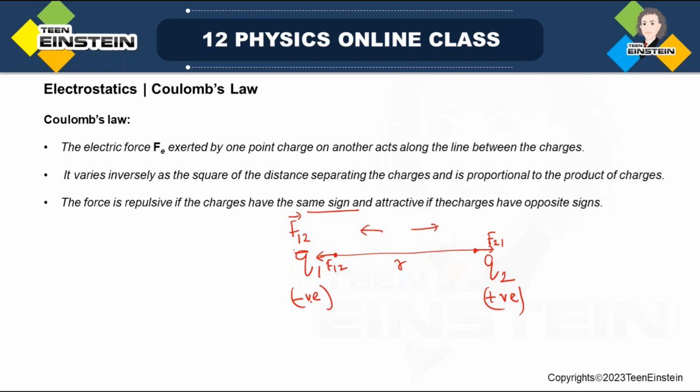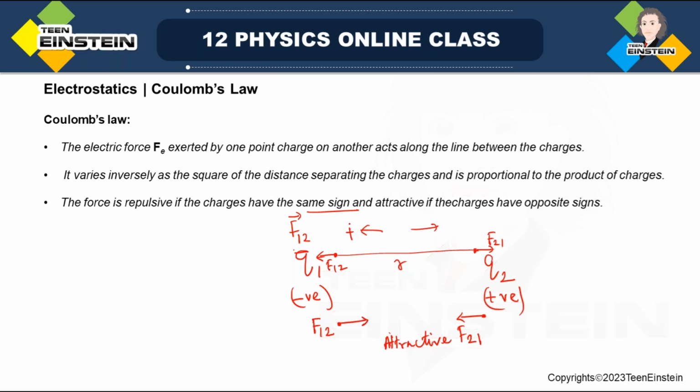In this case F12 will be this way because Q2 will be attracting, it is a pulling force now. Similarly, the force on Q2 due to Q1 will be in this direction. They will be pulling each other. So the earlier case was repulsive, and this is actually attractive force.